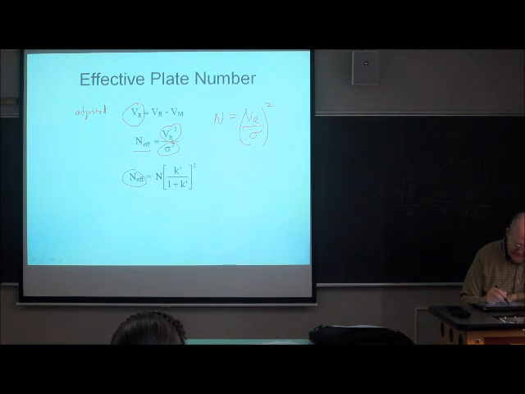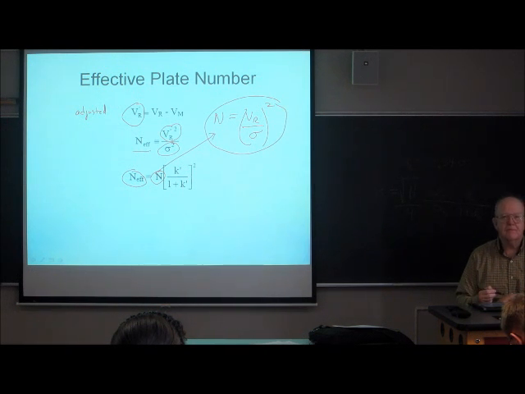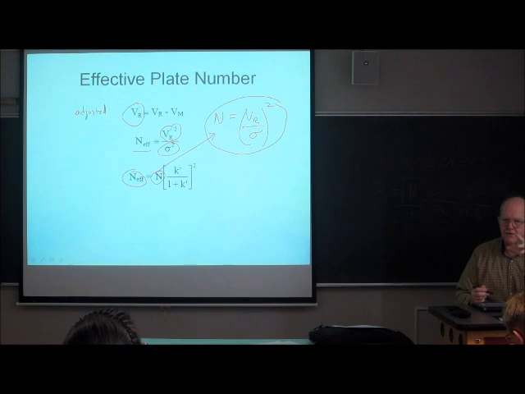It turns out that, algebraically speaking, the effective plate count will be equal to N, the plate count calculated this way, times k prime over 1 plus k prime, squared. You can derive this in a flash on your own. It's a trivial derivation.